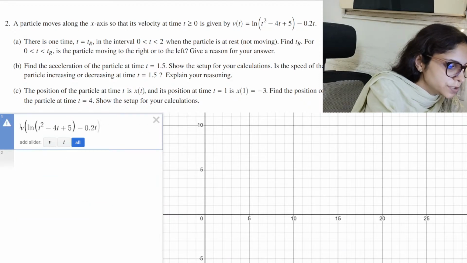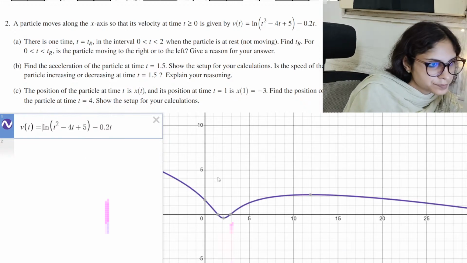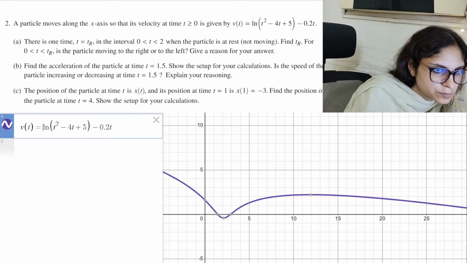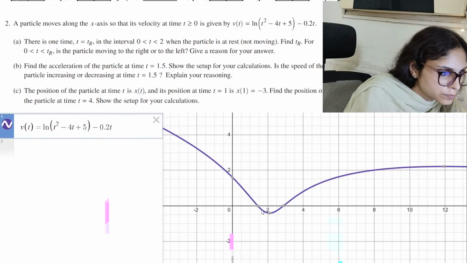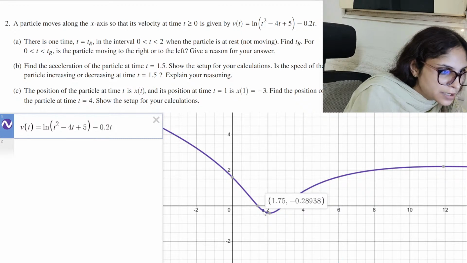This is v of t. 1.5 is somewhere over here. So if you see, the magnitude of velocity is increasing only. That is why the speed is increasing.